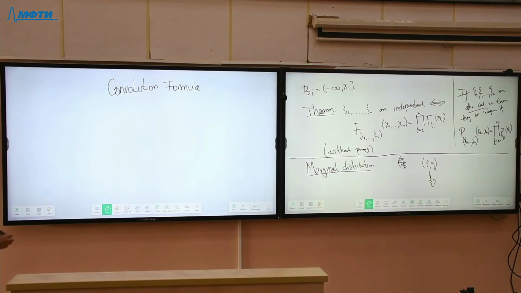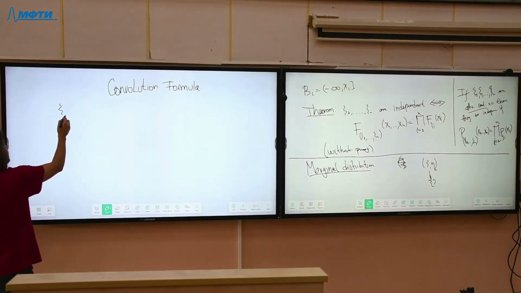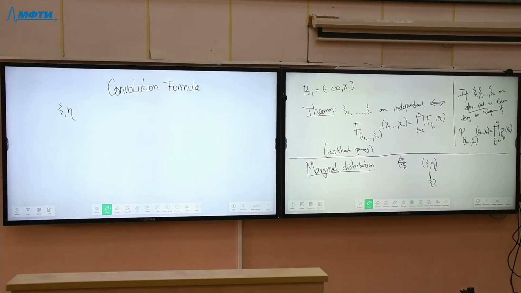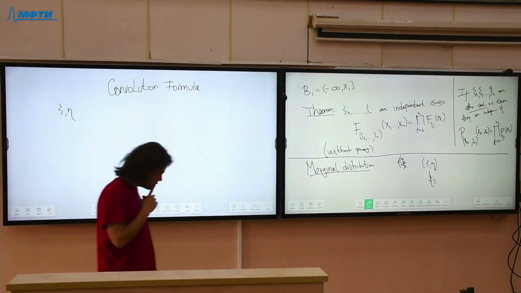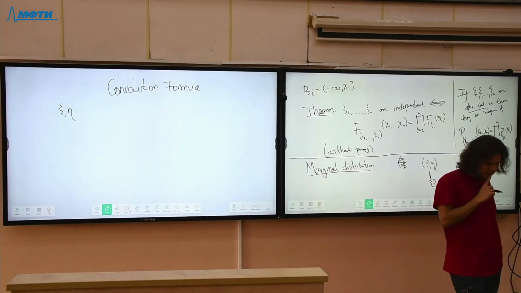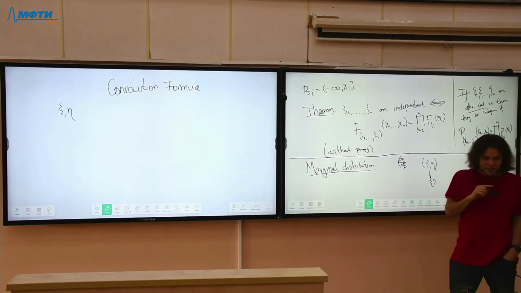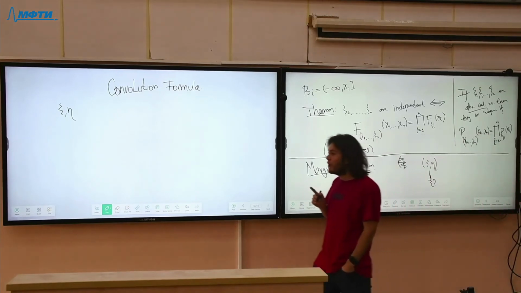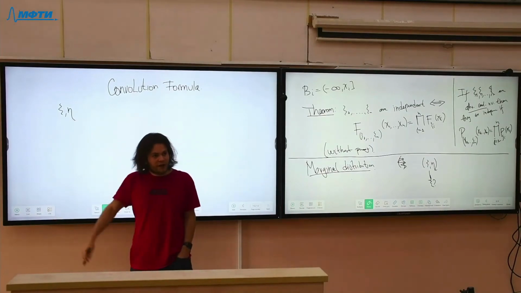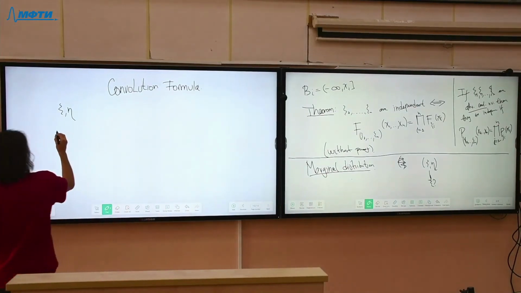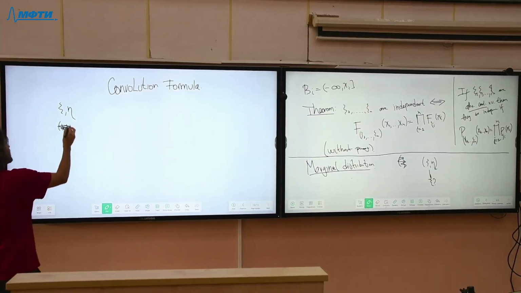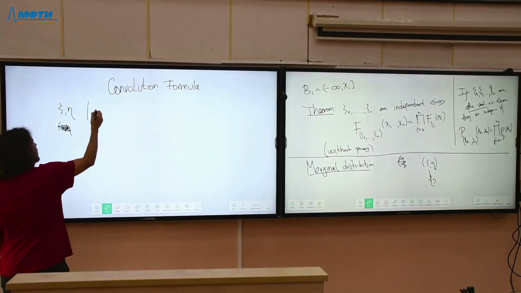If we have a random variable psi and a random variable eta, and we know the CDF of each of these random variables, how do we find the CDF of this new random variable?